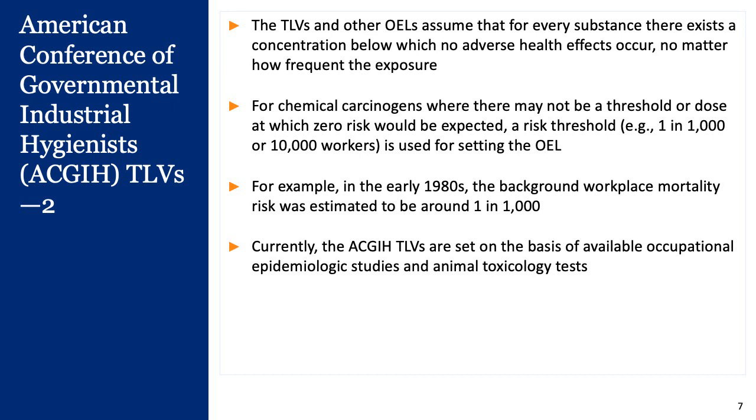For non-working populations, ordinary citizens who are not in a particular industry, the threshold is much lower. So it could be 1 in 100,000 or 1 in a million.